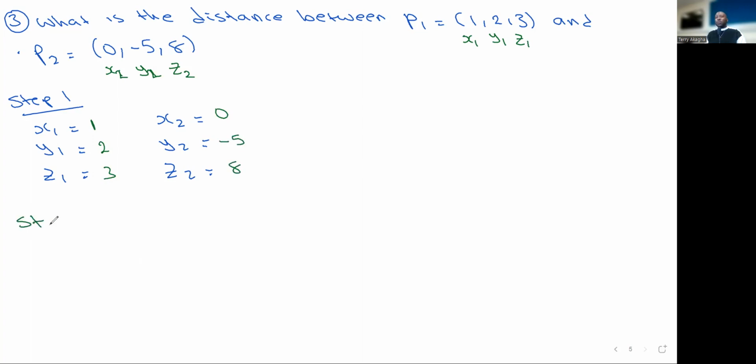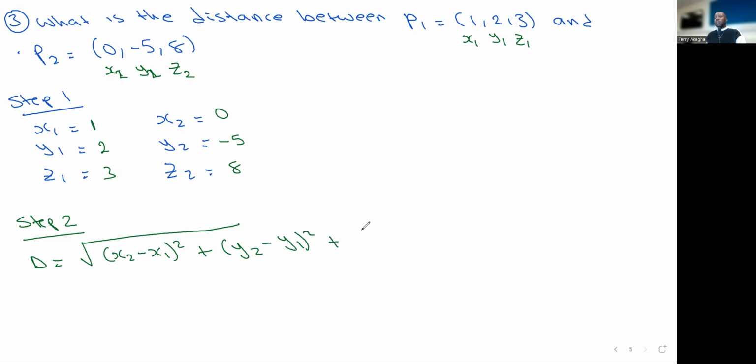Step 2, we're going to find the distance now. But in this case, because we're having 3 components, it's going to have a z attached to this now. So it's going to be the square root of x2 minus x1 squared plus y2 minus y1 squared plus z2 minus what? z1 all what?